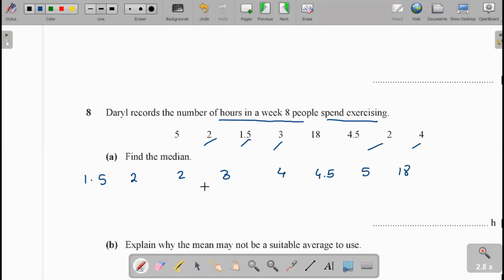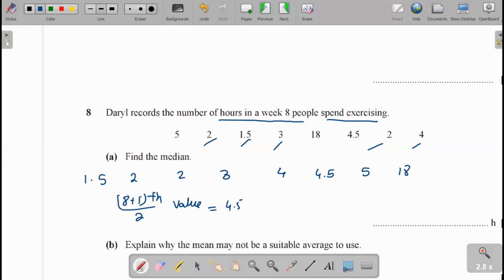Now, the median is the middle value of the data. You see here the number of values is 8, so we take 8 plus 1 over 2, that is 9 over 2, equal to 4.5.